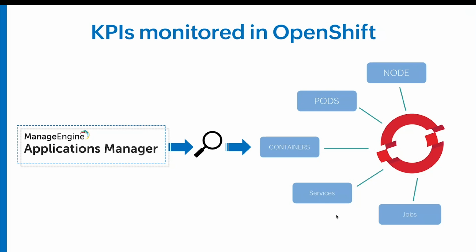Now let's see how container-based monitoring is achieved in Applications Manager. When it comes to OpenShift, we support two methods: the SSH mode of monitoring with REST API, and the other one is the Prometheus method. When it comes to the SSH method, to start with, we make an SSH connection towards the OpenShift server.